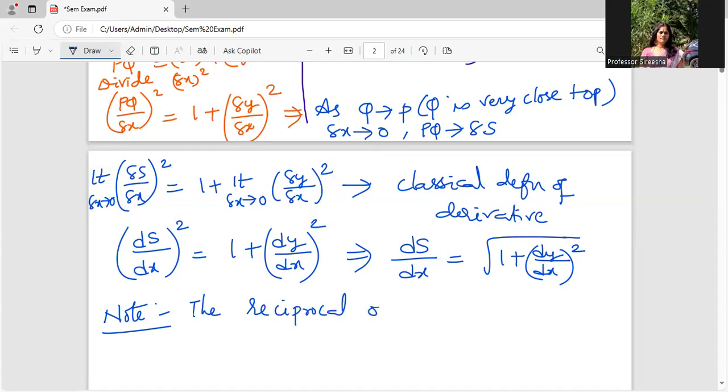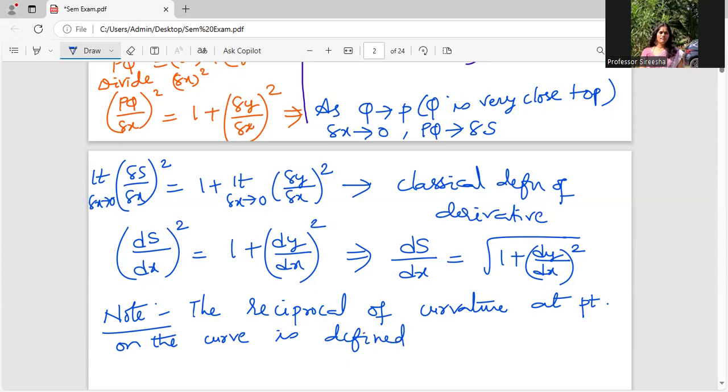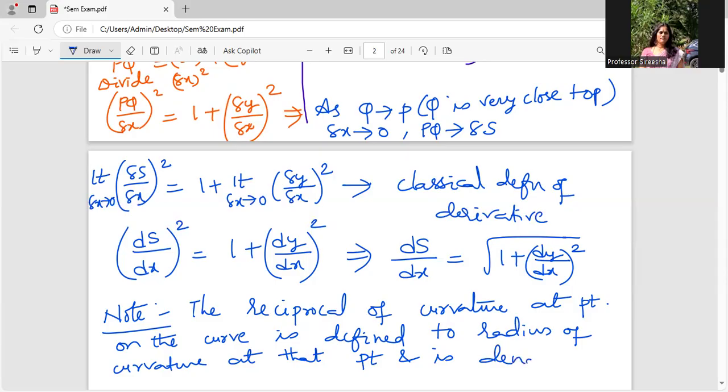This is just the definition. Mind you guys, this definition can also be asked in the exam for 2 marks. The reciprocal of curvature at any point on the curve is defined to be the radius of curvature at that point, and is denoted by rho.